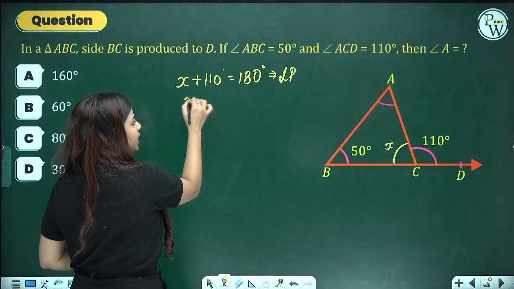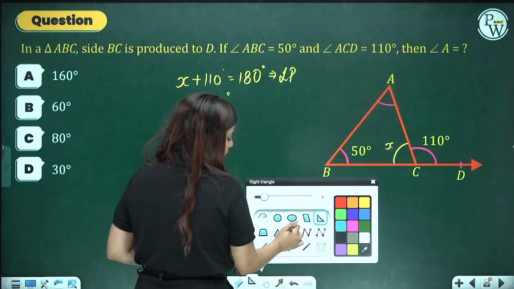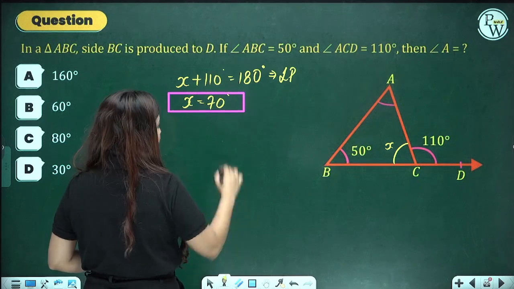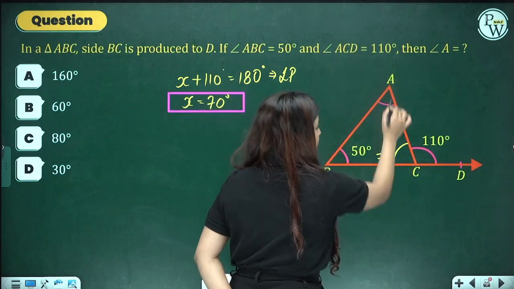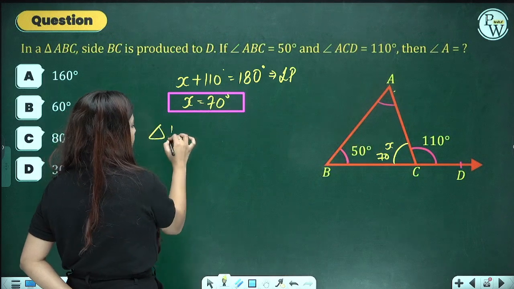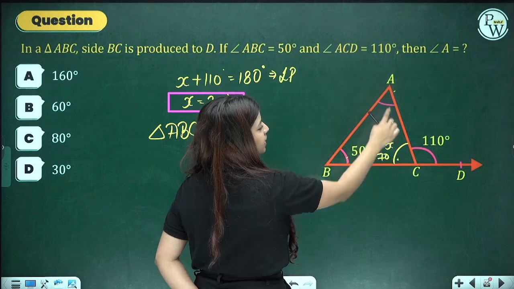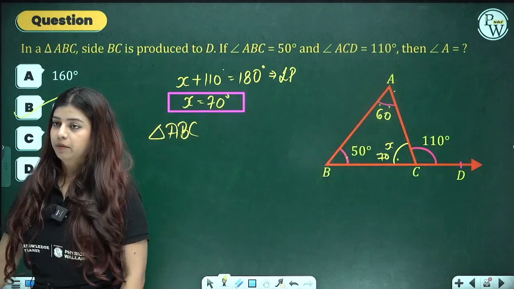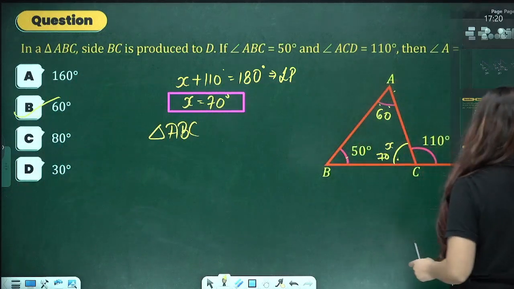So the value of X comes out to be 70 degree. Now in triangle ABC, if one angle is 50 and one angle is 70, the other one will be 60 degree. That is, option B will be the correct answer for this question.